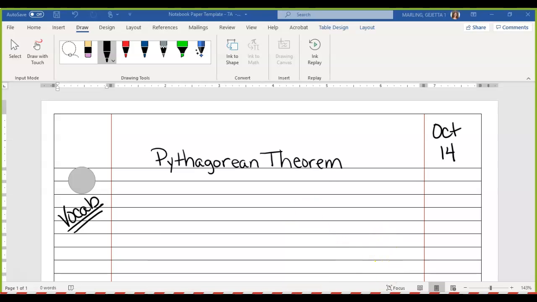So the first vocabulary term is going to be right angle. If you remember, a right angle is an angle that measures 90 degrees.